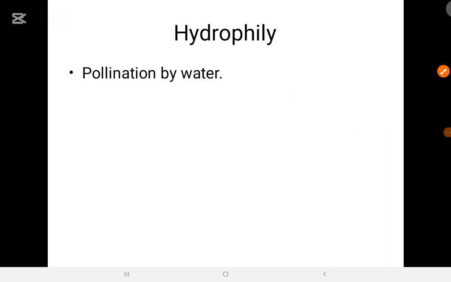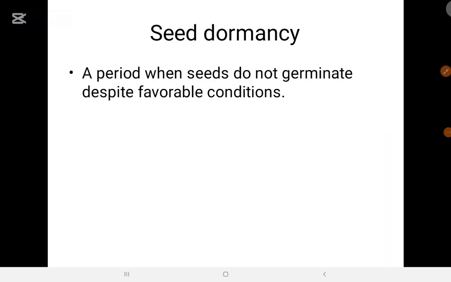And we have seed dormancy. It's a period when seeds do not germinate despite favorable conditions. It could be an alteration in hormones, or environmental conditions sometimes cause seed dormancy.